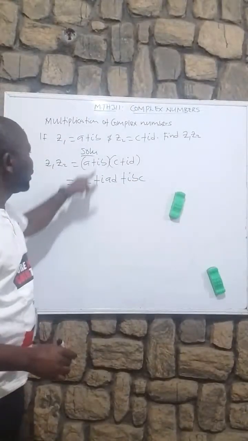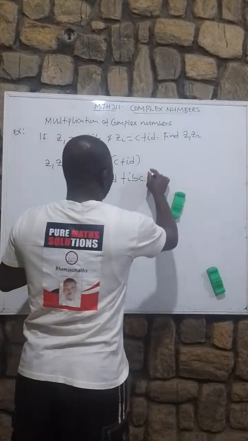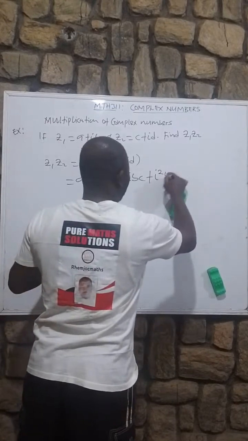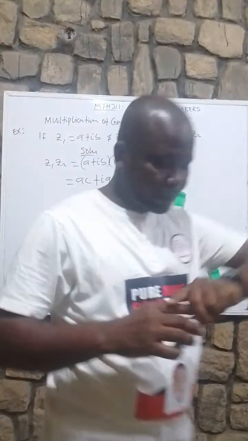Are you following? Then I times I, we are going to have plus I square b times d, bd. True or false?